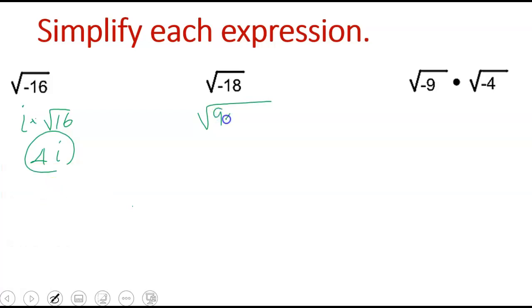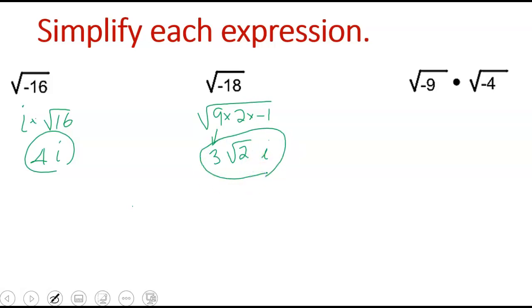So it's 9 times 2 is 18 times negative 1. That gives negative 18. 9 is a perfect square, so that brings out 3. And 2 is not a perfect square, so leave it under the square root. And the square root of negative 1 is i.